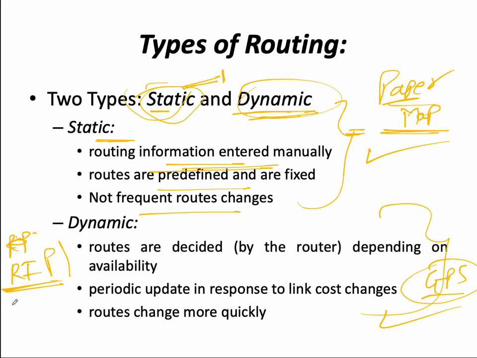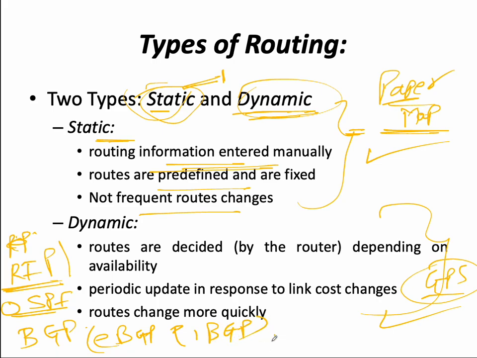And there is one more, OSPF, Open Shortest Path First. And there is BGP, Border Gateway Protocol, and there are two types, EBGP and IBGP.